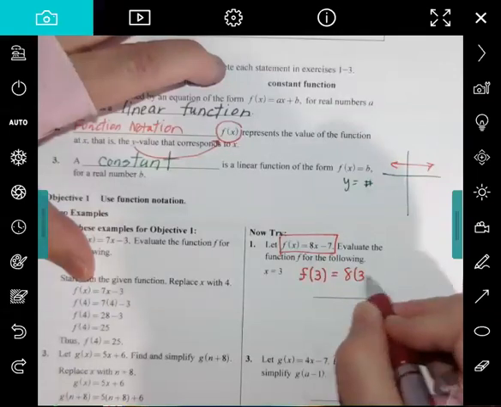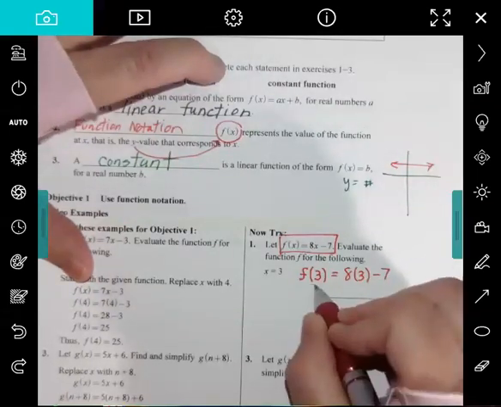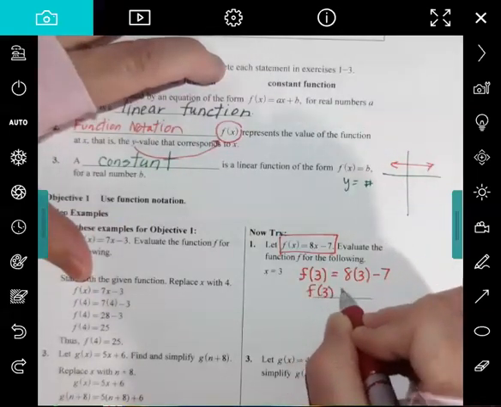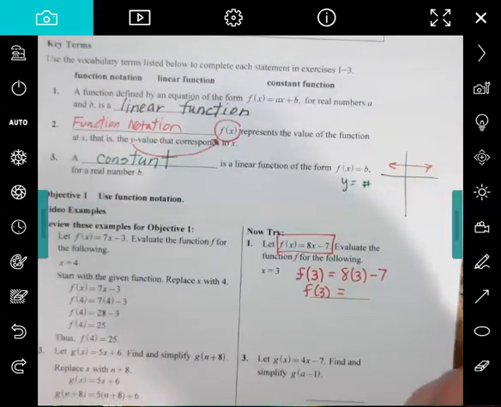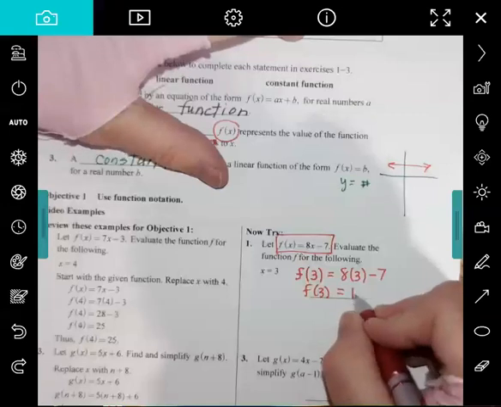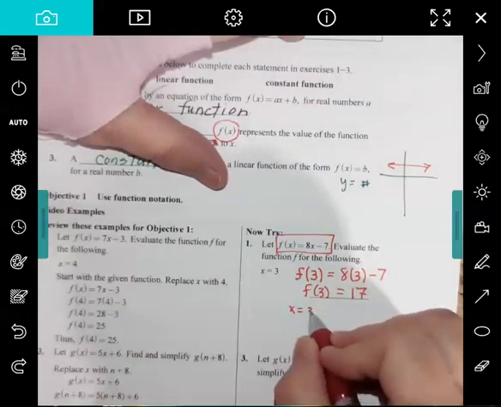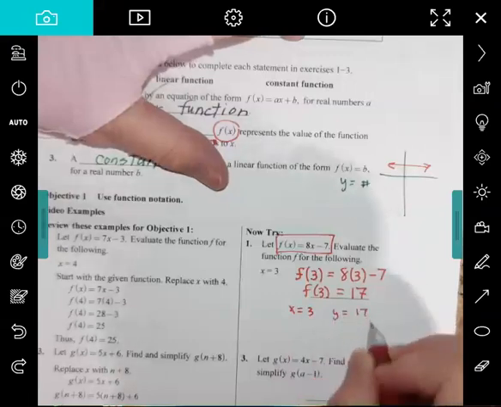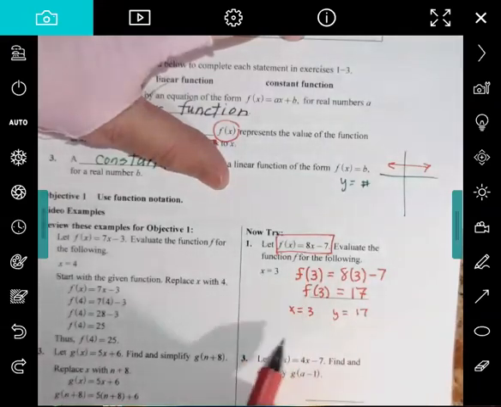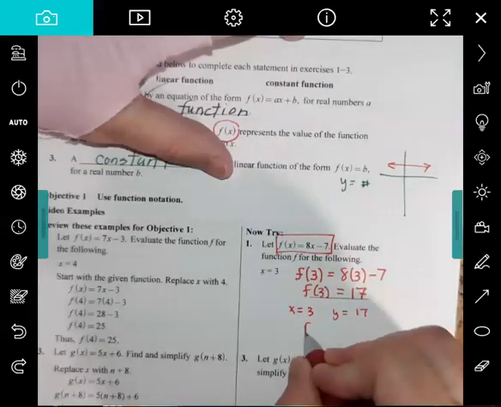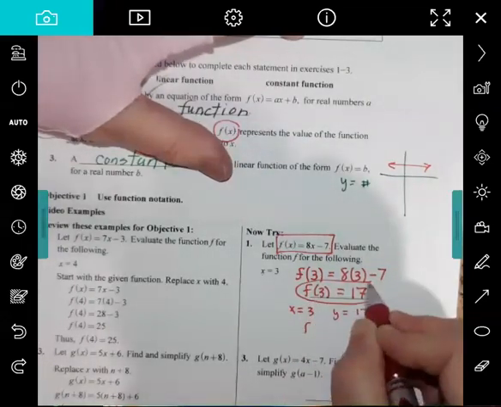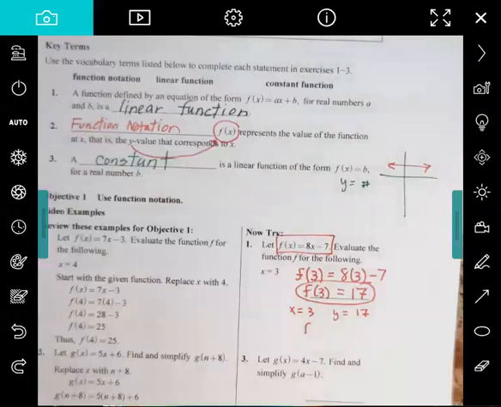Put a 3 for the x. f of 3 is 24 minus 7, which is 17. So when x is 3, y is 17. f of 3 is the same thing as y. So f of 3 is 17. That's what you need right there. I'm just specifying what it is that we just figured out.